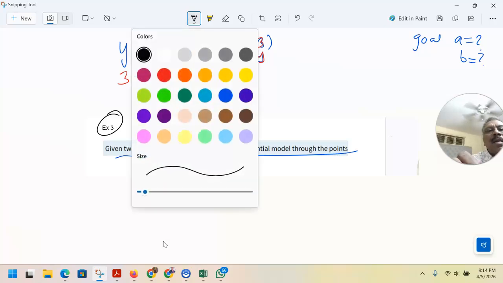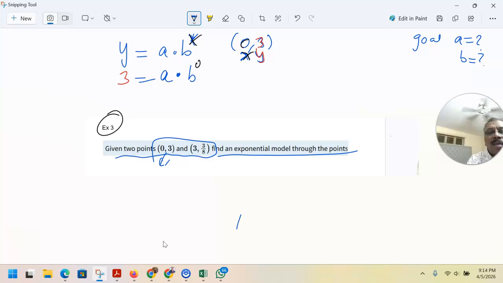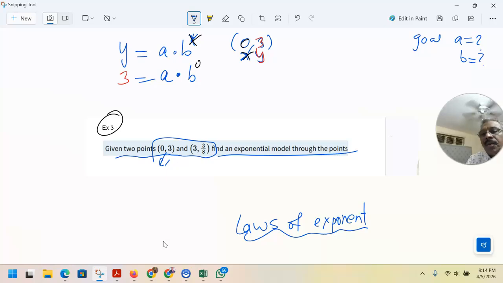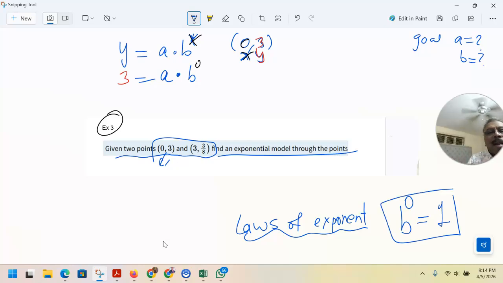But anything raised to 0 is always 1. Remember there are the laws of exponents. Exponent rules say, as and when required, I'm going to show, anything raised to 0, b raised to 0, is always 1. Okay.